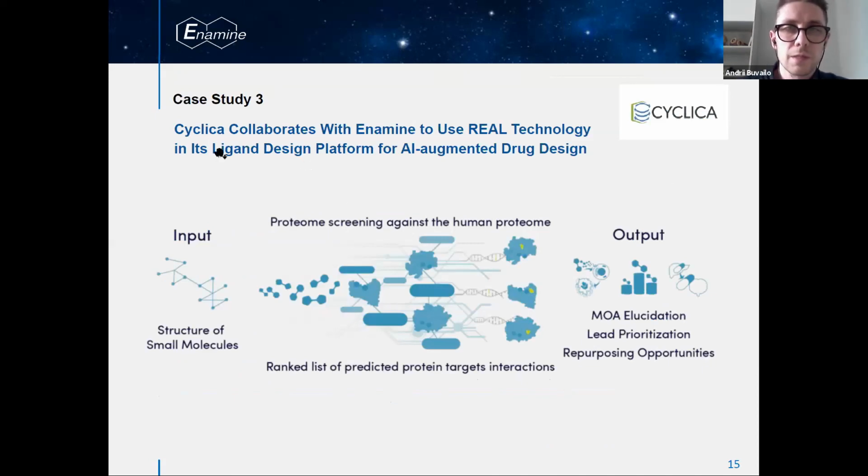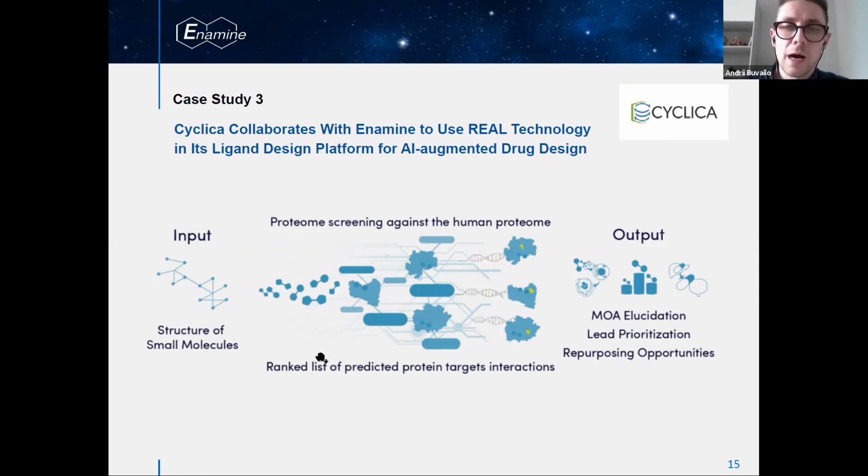And then there was collaboration with Silico, which is a Canadian company, a fairly strong developer of a deep learning based platform for drug design. The idea is that they can screen very large data sets of compounds against the whole human proteome, essentially many proteins.